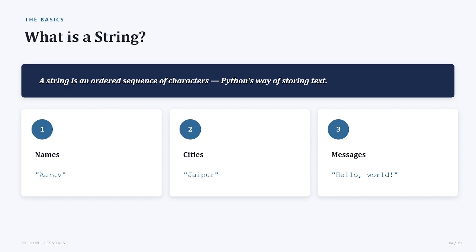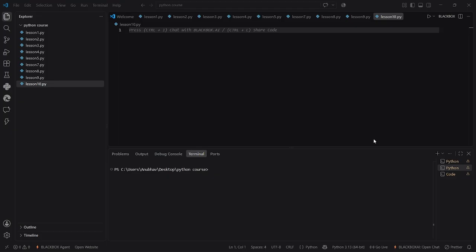For example, let's see in the code. name is equal to "Anubhav". So Anubhav is a string that is enclosed in double quotation marks. Quotation marks tell Python to read these as text.